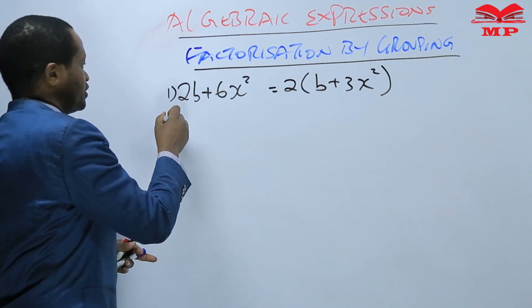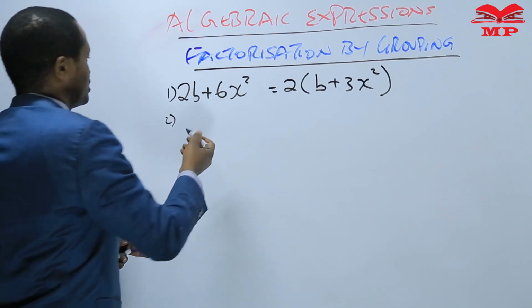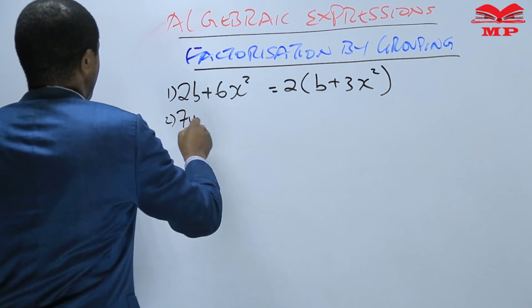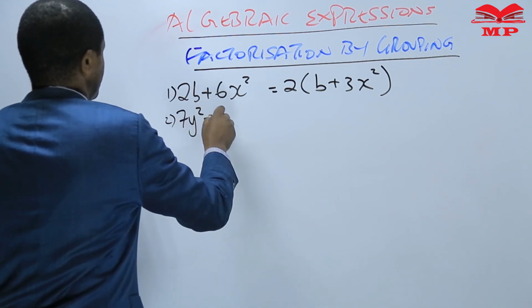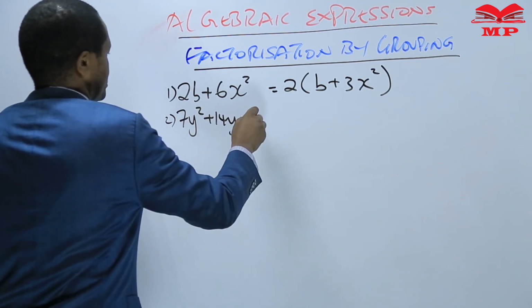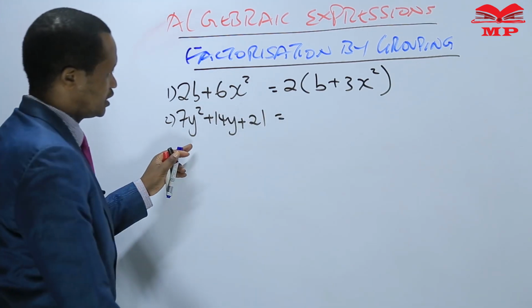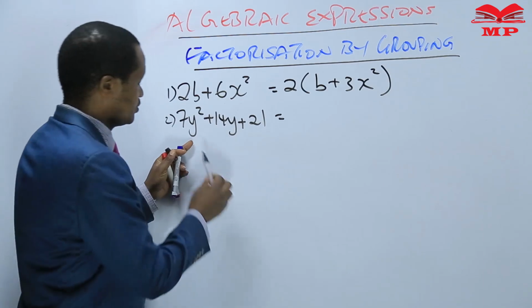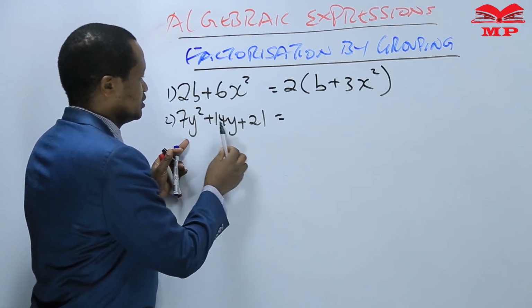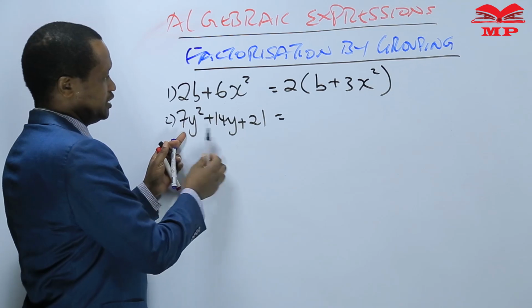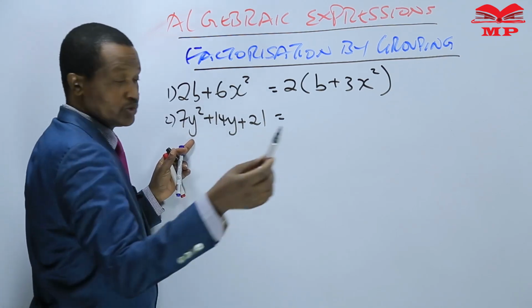We also learned how to factorize an expression like 7y squared plus 14y plus 21. To factorize, we look for the common factors within these 3 terms. You can see here 7 is common, but y is not.